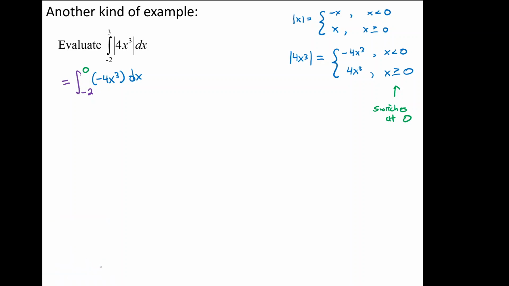And then plus the integral from 0 to 3 of the part of the piecewise function for x values larger than 0. Since we're going from 0 to 3, that's larger than 0, so 4x to the 3.